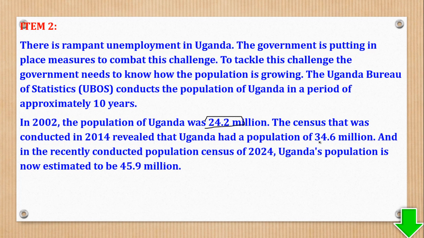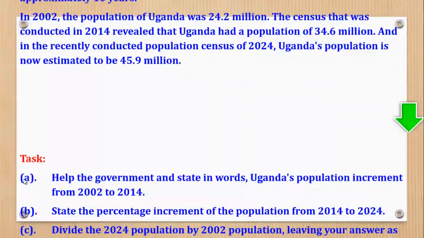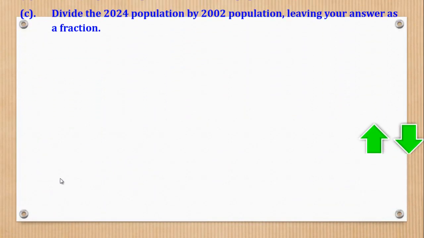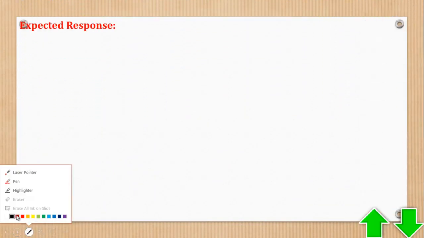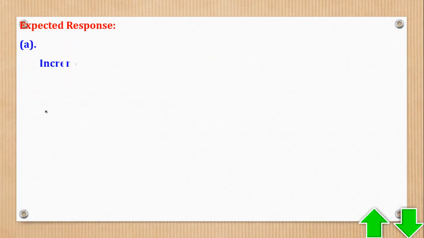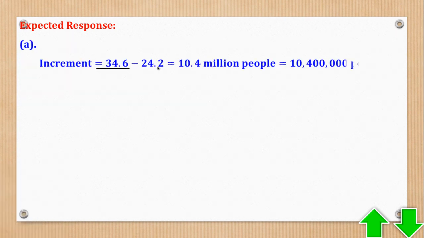Then 2014, the population was this. So the increment will be got by subtraction. So I'm supposed to come and say that the increment will be this minus this, which is 10.4 million people.